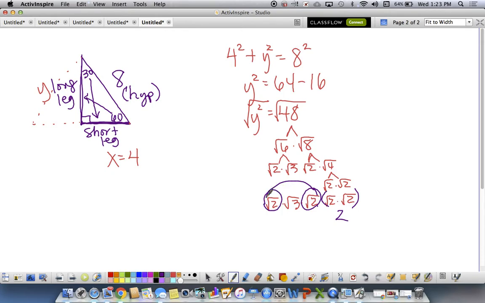Does everybody agree? I can put these two together and that'd be 2. And then we have a square root of 3 out there somewhere. So that just gets brought down, square root of 3. So what's the square root of 3 times 2 times 2? So what does y equal? 4 root 3. So my long side is 4 root 3.